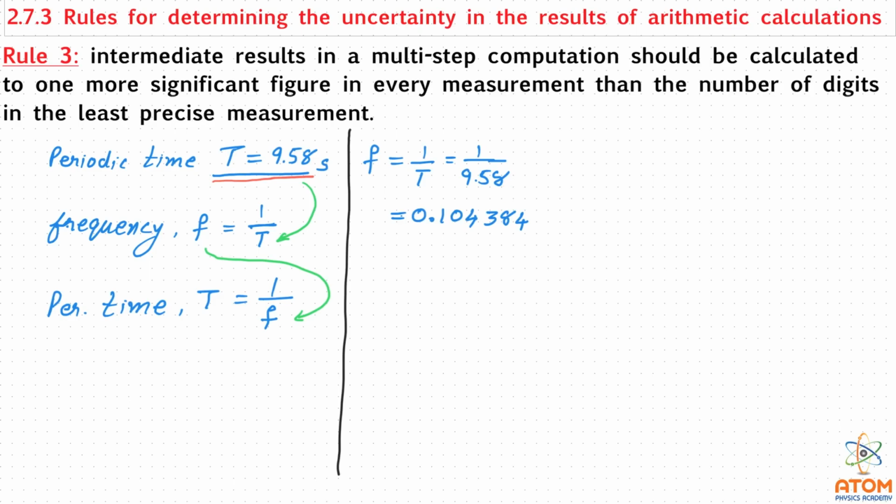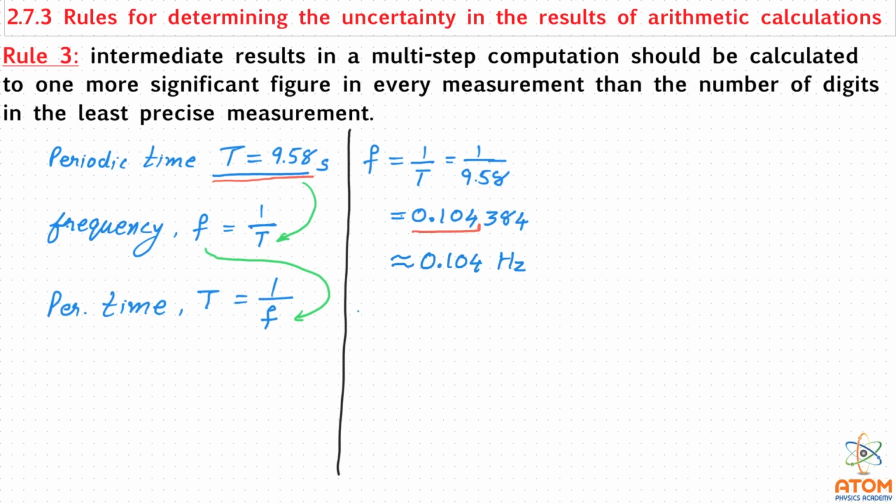So as per the rule, we should consider the least number of significant figures in the answer, and that is 3. So I have to reduce this answer to 0.104 only, because if I round it off and remove this 3, there will be no change in 4. So this is the answer for frequency, this many hertz.